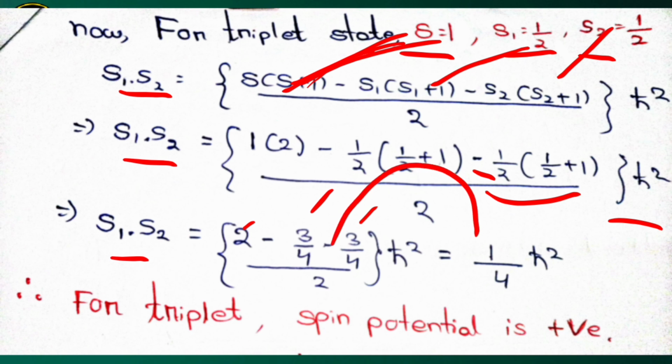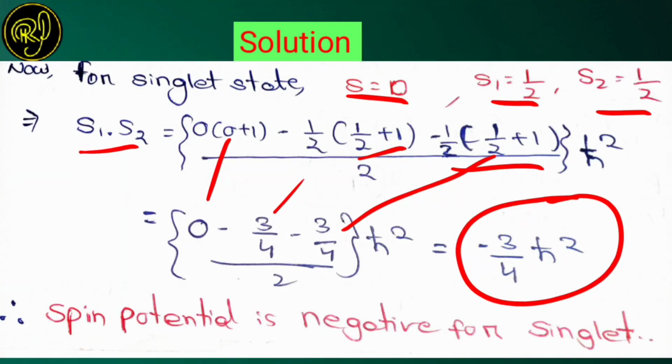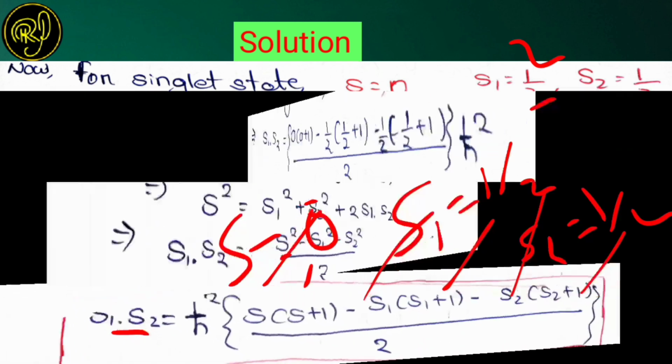So for the triplet state the spin potential is found to be positive, and for the singlet state the spin potential is negative. Remember that if this potential is negative then the force is attractive, and if the potential is positive then the force is repulsive.